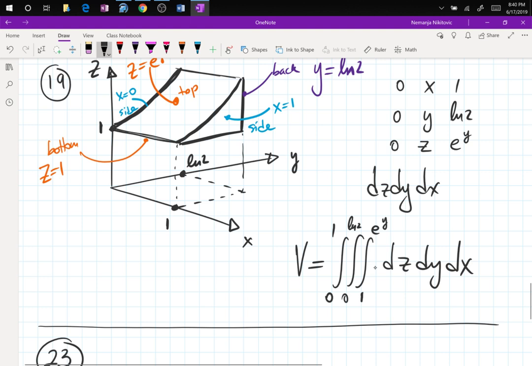It would be 0 if the whole shape was all the way down.